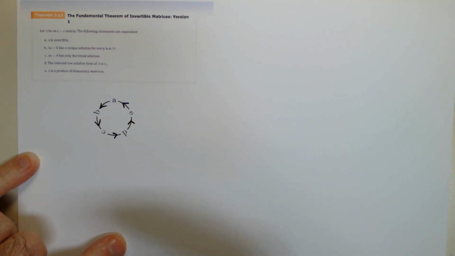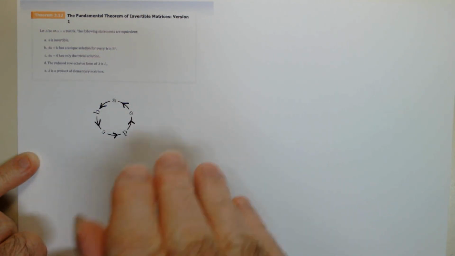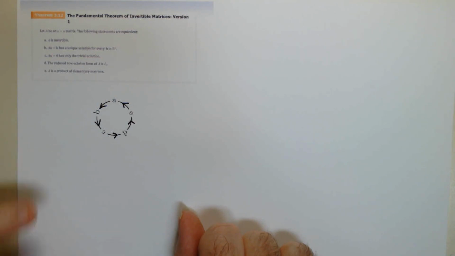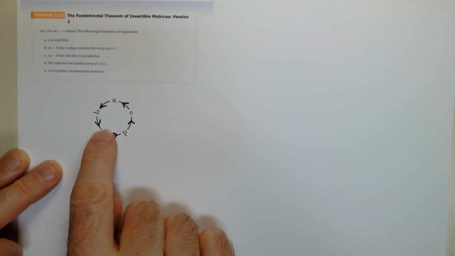Now we have to show that these 5 statements, A through E, are equivalent. And technically what that means is that if I knew that any one of them is true, then they would all be true. All right. Now, one way of doing this, and this is kind of the classical way, whenever you want to show that some set of statements are equivalent, is you can think of arranging them on a cycle.